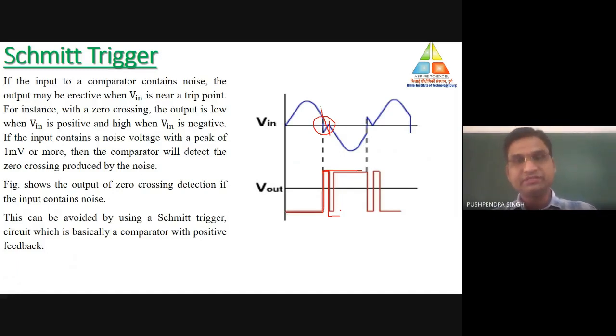But in the Schmitt trigger circuit, we calculate the value of threshold voltages, denoted as the lower threshold voltage or the upper threshold voltage. Threshold means the limit. If the signal does not reach that particular limit, the output will not change. That is the basic meaning of thresholding, so in the Schmitt trigger circuit we use the concept of threshold.